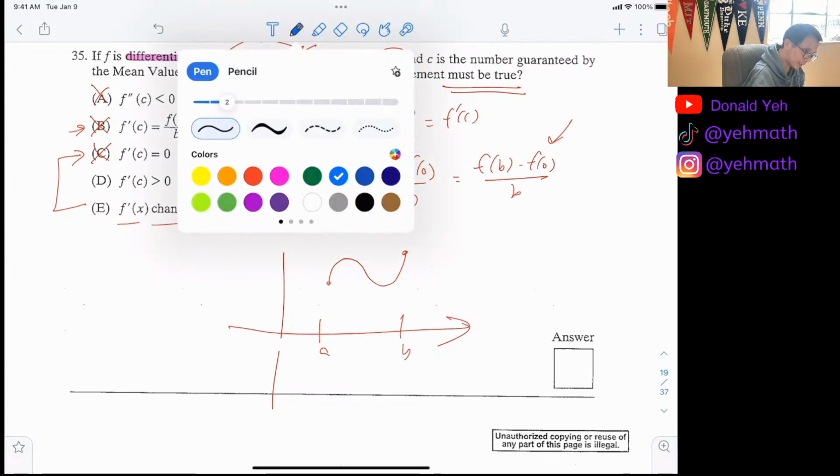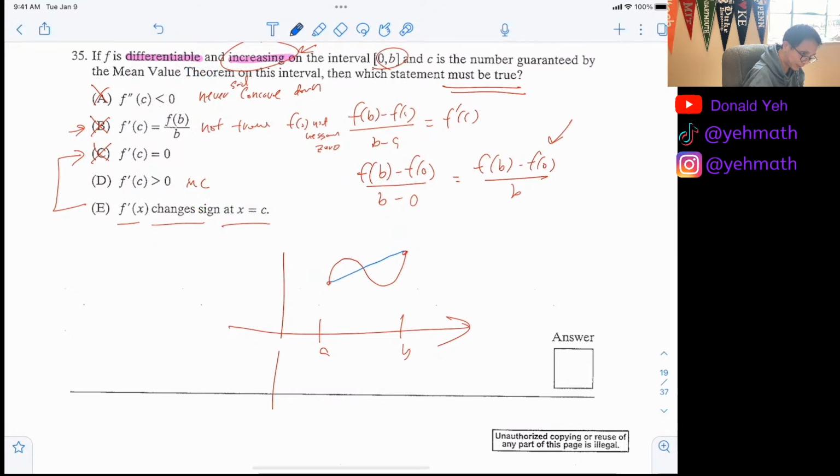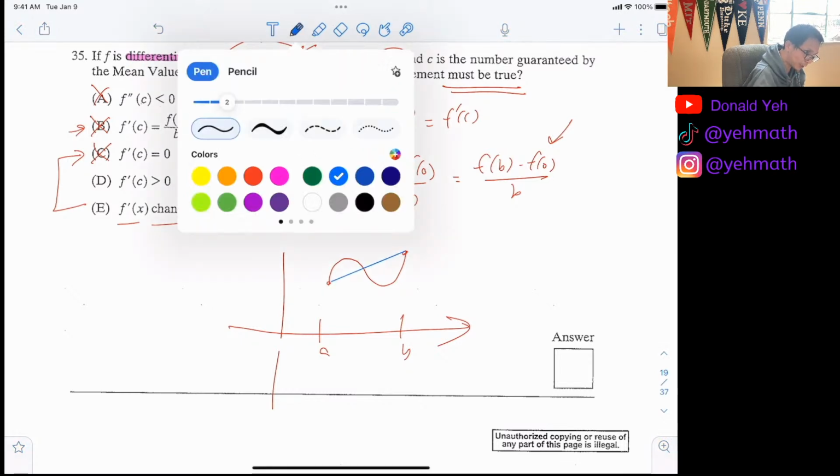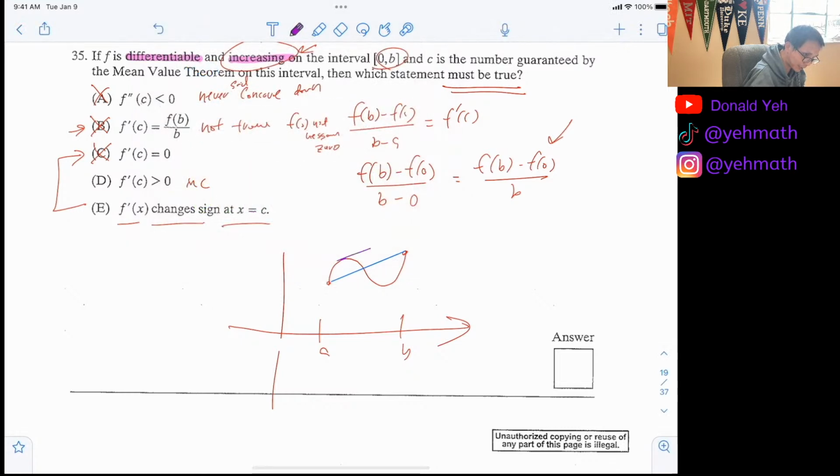So the slope between those 2 points, somewhere along here, must have a slope exactly the same as this, because this slope is equal to the blue line. The purple line must equal the blue line. It's like you driving from here to your house, and you have an average speed of 50 miles per hour.